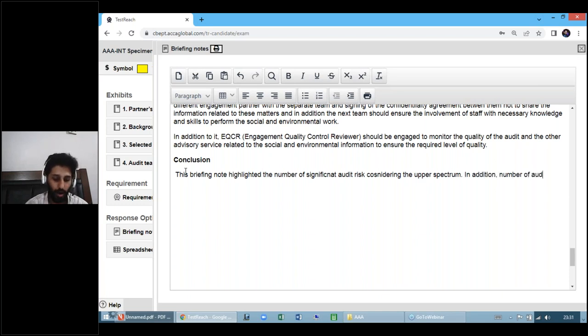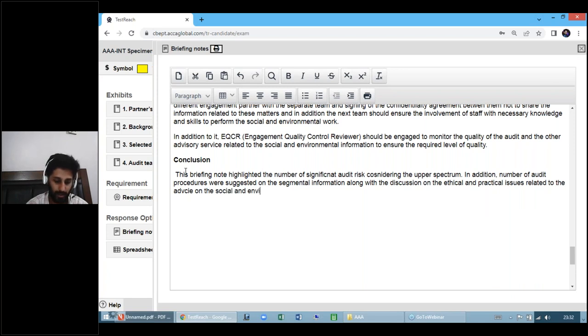In addition, a number of audit procedures were suggested on the segmental information along with the discussion on the ethical and practical issues related to the advice on the social and environmental information along with the safeguards to reduce the ethical threats at an acceptable low level. And this is the end of the answer.